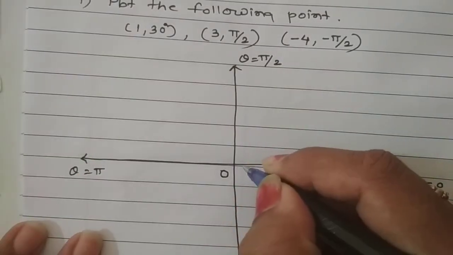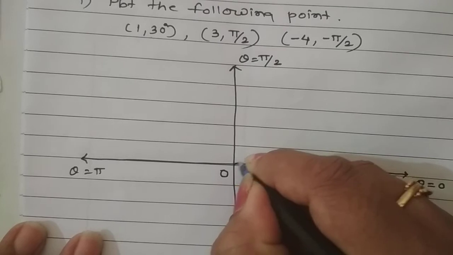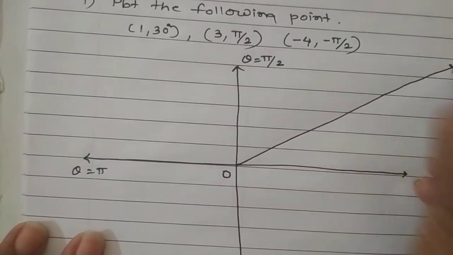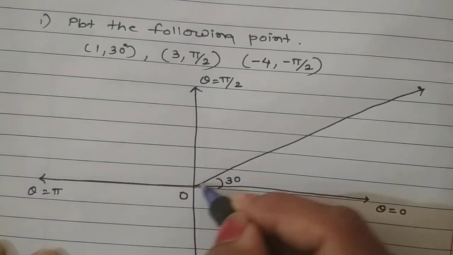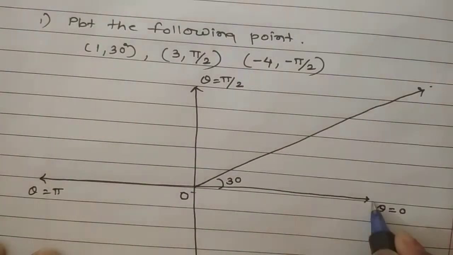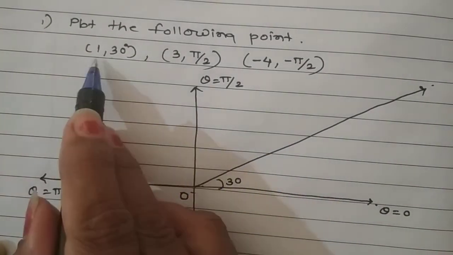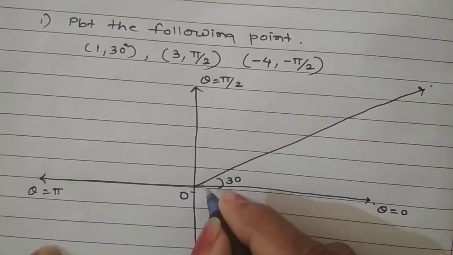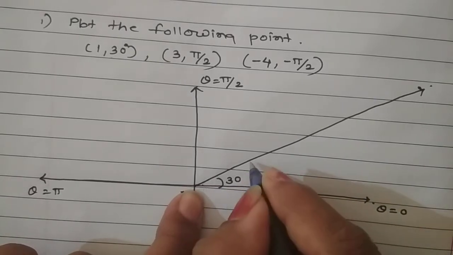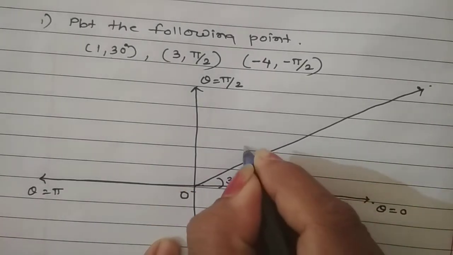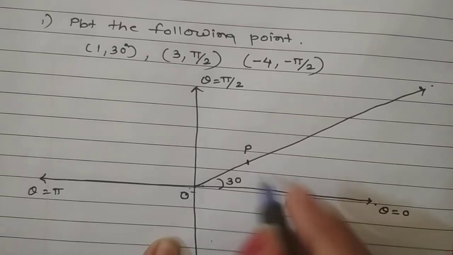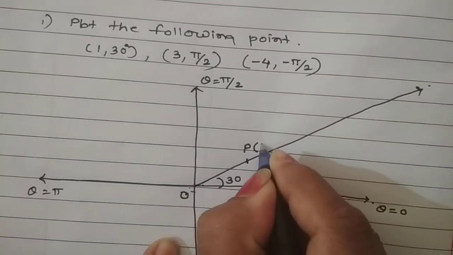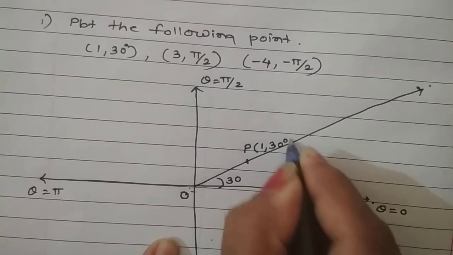For that point, first we draw a 30 degree angle, meaning the angle between this radius vector and the initial line is 30 degrees. The distance between the point and the pole is 1. If we take P, the length OP is 1 and the angle between OP and the initial line is 30 degrees. Therefore, the coordinates of P are (1, 30 degrees).